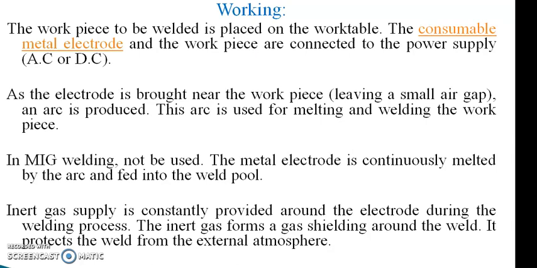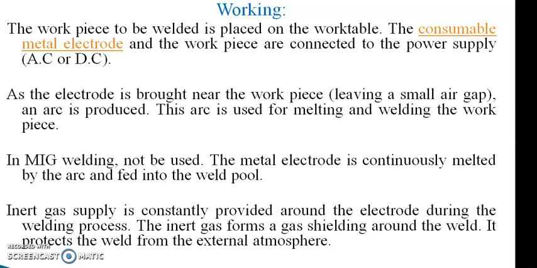In MIG welding, the electrode is consumable type and it acts as a filler metal. The metal electrode is held in a special electrode holder which also has a provision to allow the inert gas to flow through it and produce a gas shielding around the welding area.